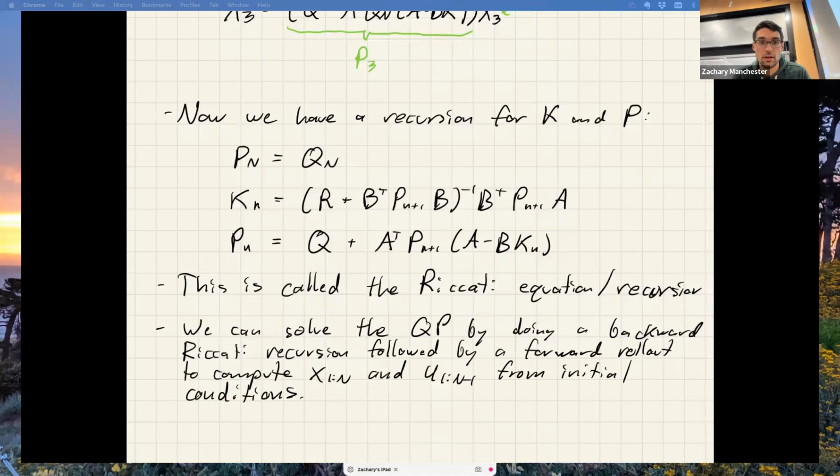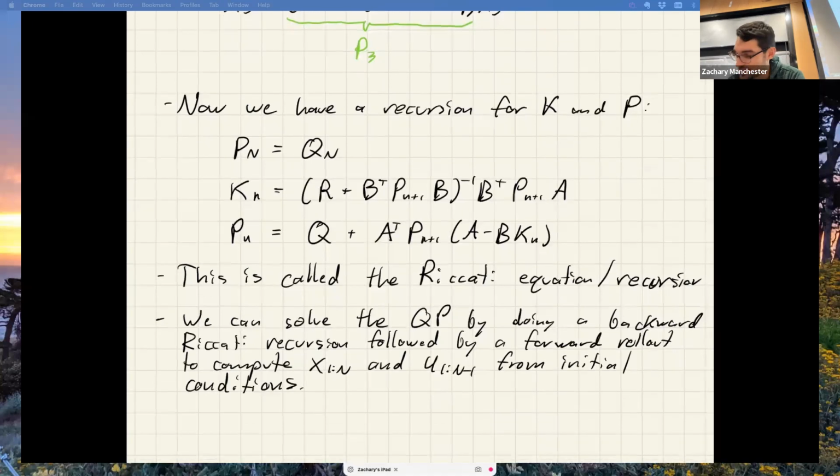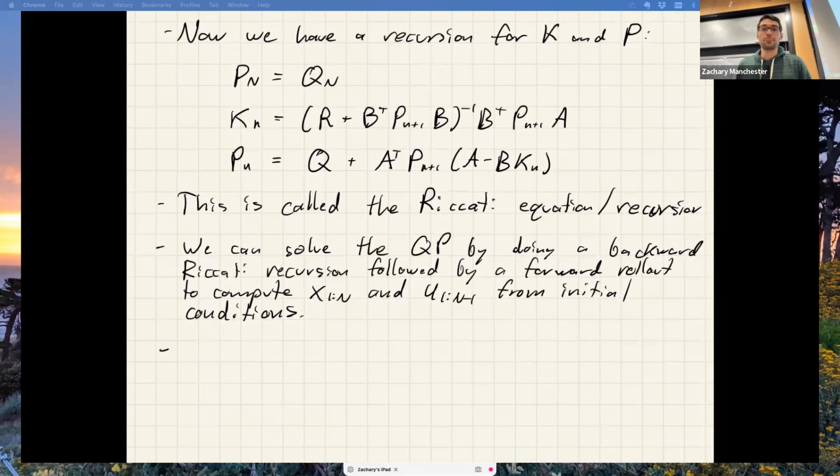Okay, that's cool. There's a couple things to say about this. So one is a general QP, if it was dense, would have cubic complexity, right?